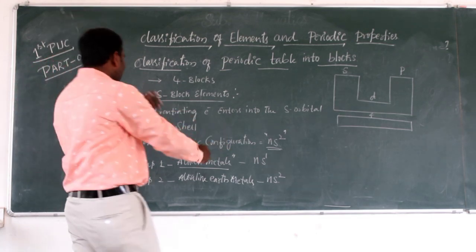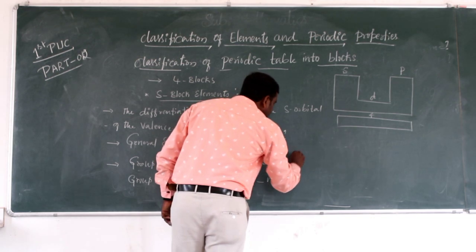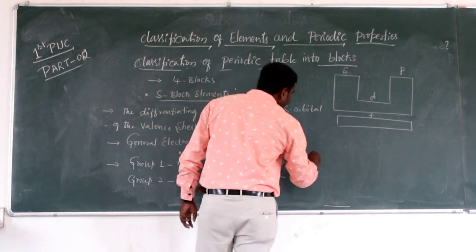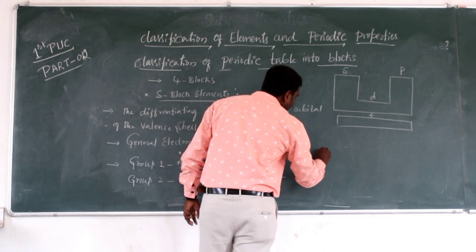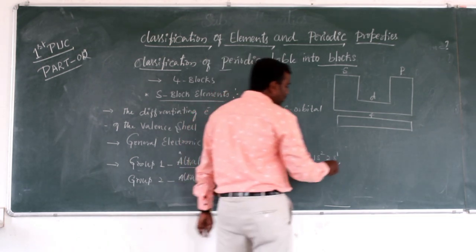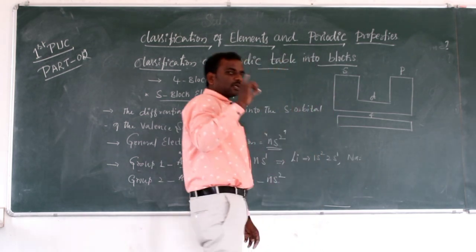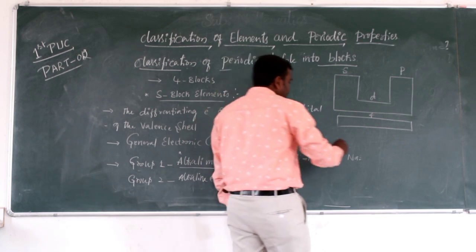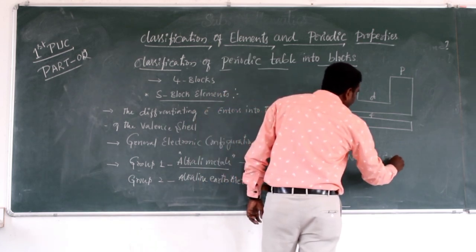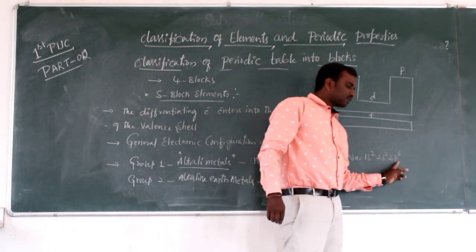See, for example, for alkali metals, lithium. Its electronic configuration is 1s2 2s1. And one more is sodium. Sodium atomic number is 11. 1s2 2s2 2p6, 2 plus 2 is 4, 4 plus 6 is 10.